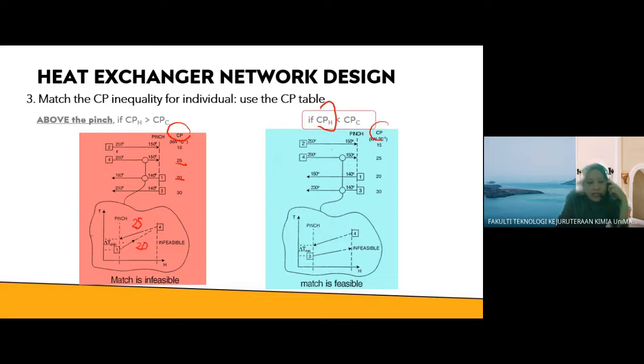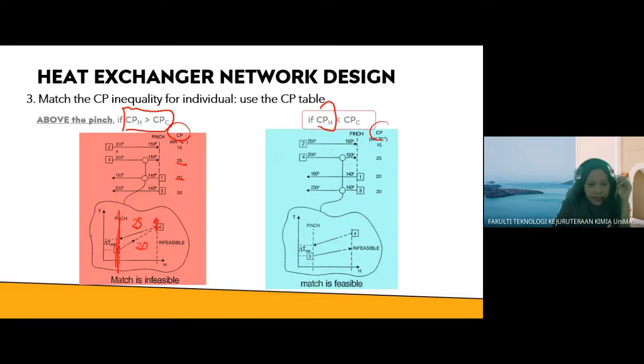Looking at this, if you design your heat exchanger with CPH greater than CPC, you can see that as you move away from the pinch, it will reduce the T min here.